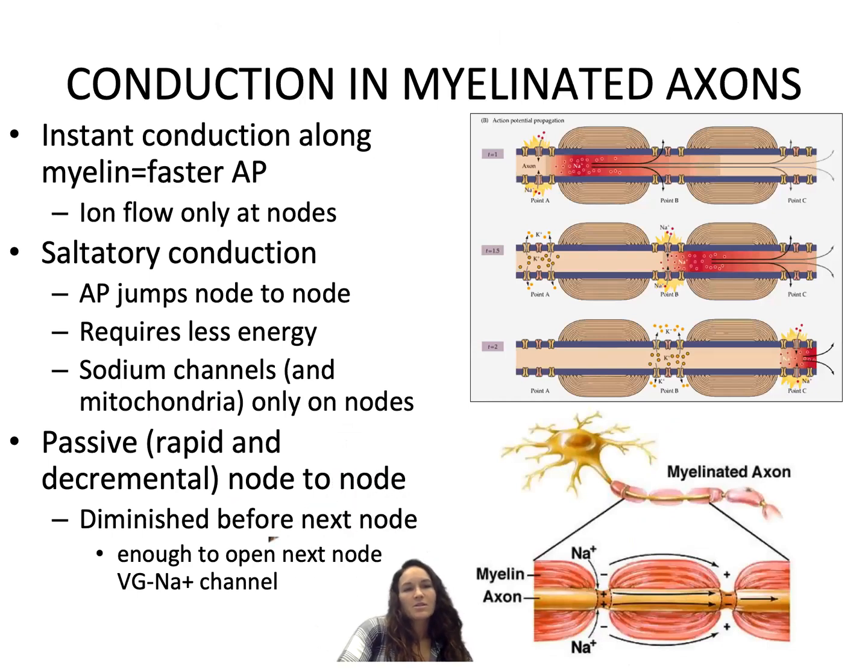So in a myelinated axon, what's different is that we have myelin wrapped around the axon, where we would normally have voltage-gated sodium channels. So what we have here instead is a constraint on where voltage-gated sodium channels can be, and they're found on the nodes of Ranvier.